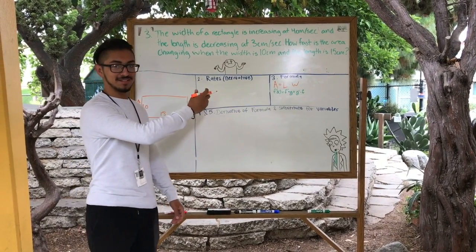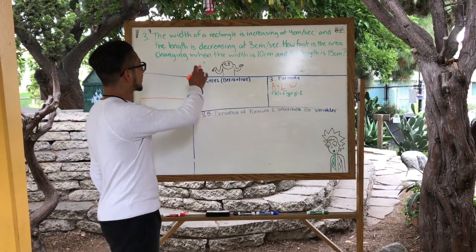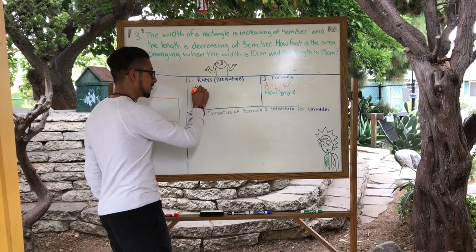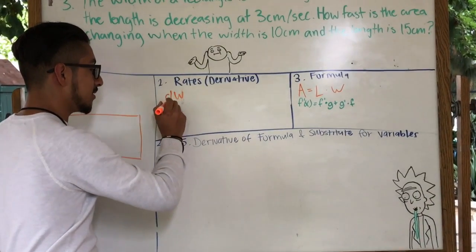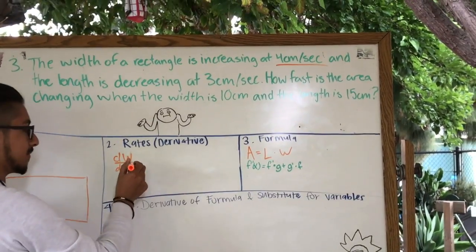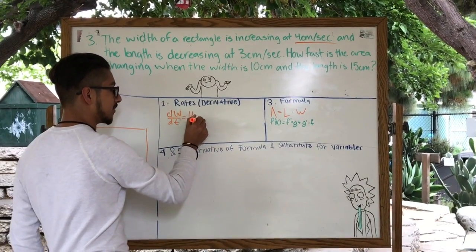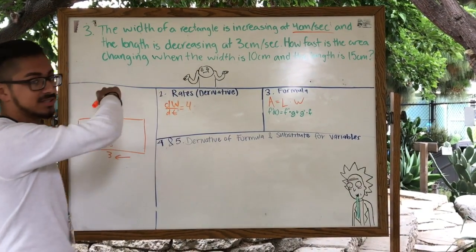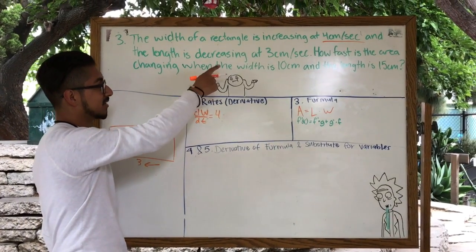So here is where we're going to put our knowns, and the rate at which the width is changing would be dw/dt, and that is 4 centimeters per second. And dl/dt would be the rate at which the length is decreasing.